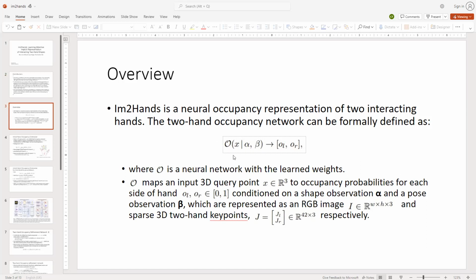A 3D point in that space would be the query in this network, and that would be conditioned on alpha and beta. Alpha would be the shape parameter of the interacting hands, and beta would be the pose parameter. Then this network would put out two values between 0 and 1, one for the left hand and another for the right hand.